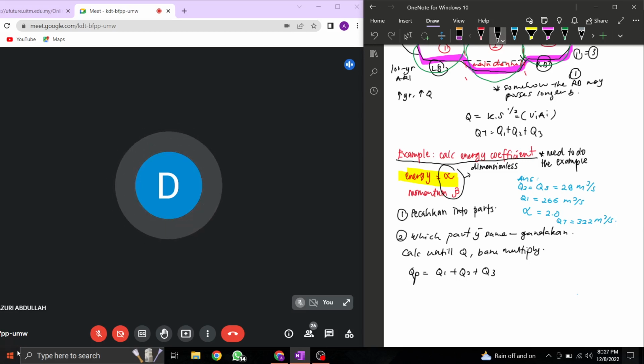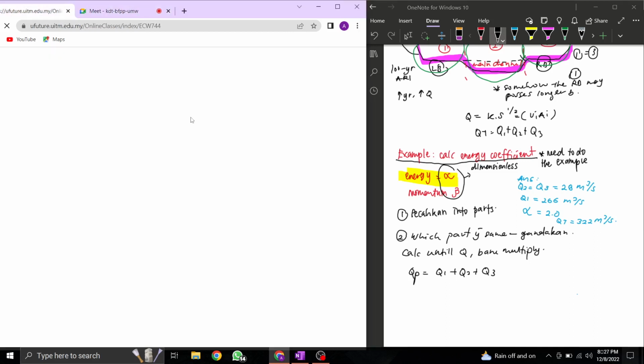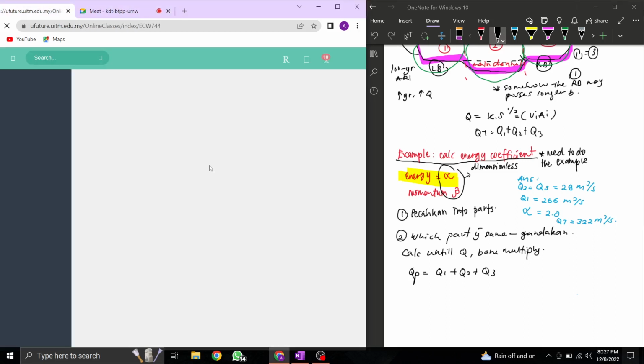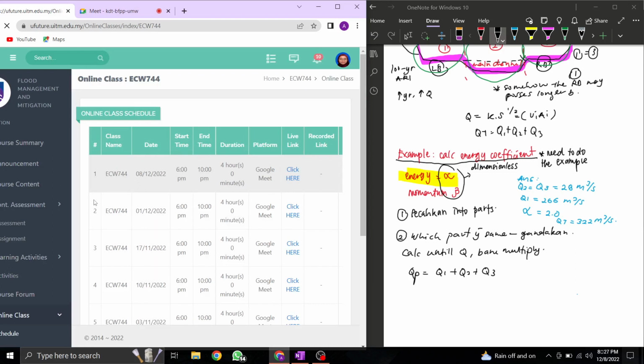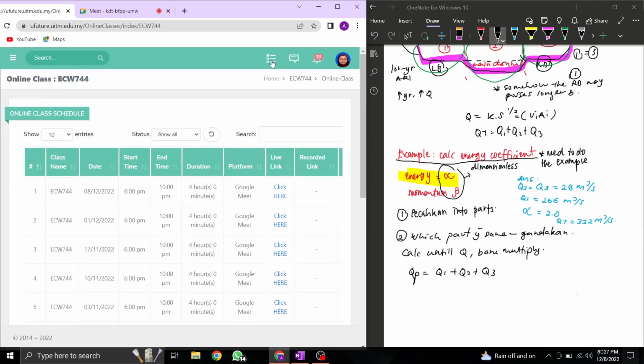Untuk lecture note yang tadi, yang kita baru buat tadi tu, yang sekali dengan saya dah conteng apa semua tu, saya dah masukkan dekat U-Future, ambil dekat week nombor 8. So you boleh ambil week nombor 8. Nanti saya nak masukkan juga yang bersih punya untuk you rujuk.